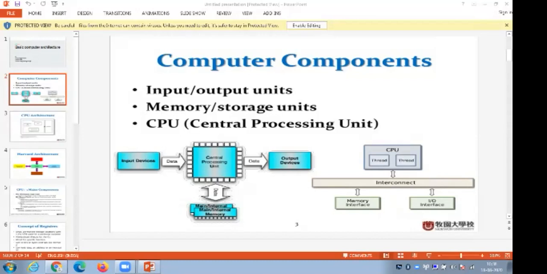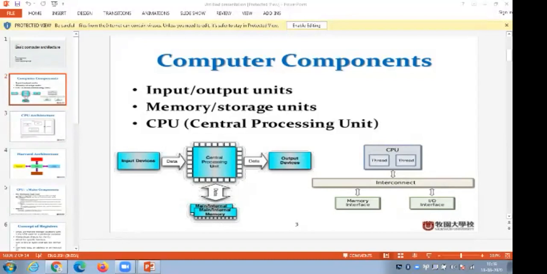There is a two-way connection between the CPU, memory interface, and input/output interface. This is the diagram of how the CPU is connected. Whoever knows how to connect the system will know the connections from the CPU to the input and output devices and the memory device. So I have been explaining these three points.